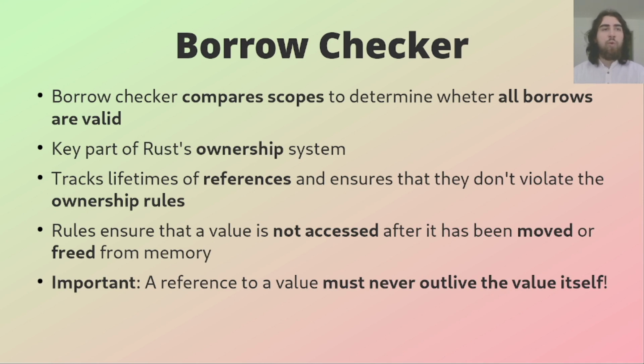These rules ensure that a value is not accessed after it has been moved or freed from memory. And important, a reference to a value must never outlive the value itself. So you have to remember especially the last line: a reference to a value must never outlive the value itself.